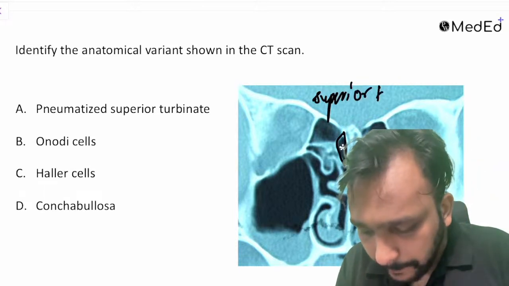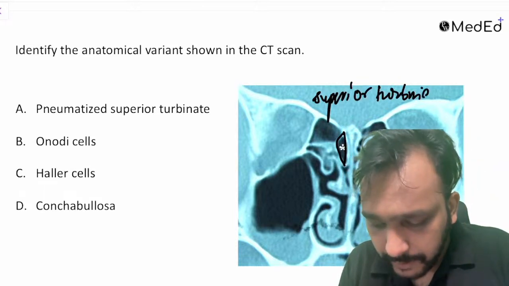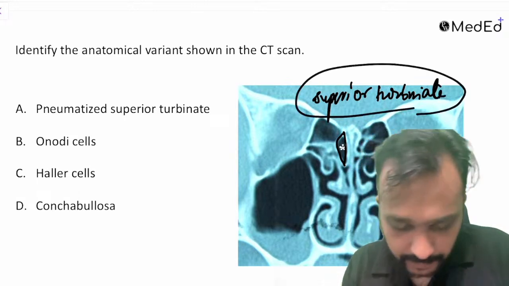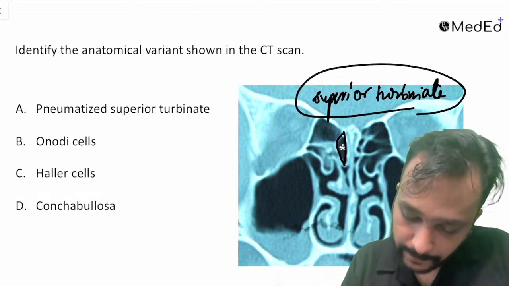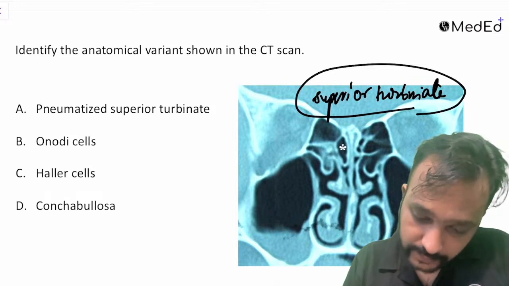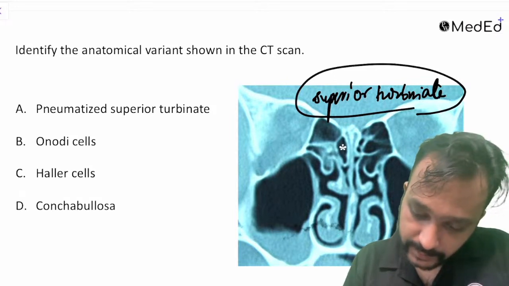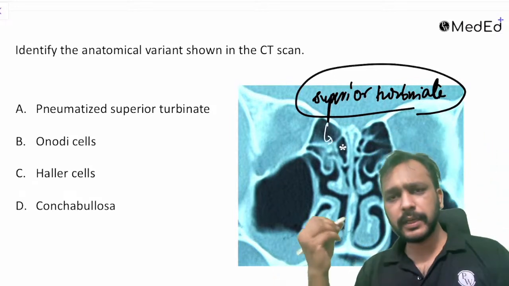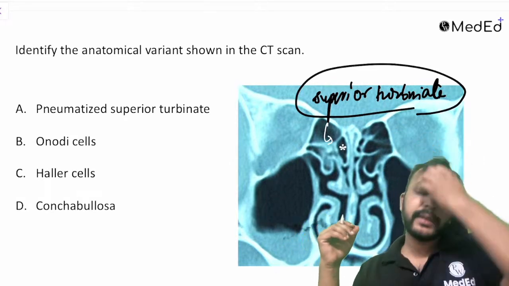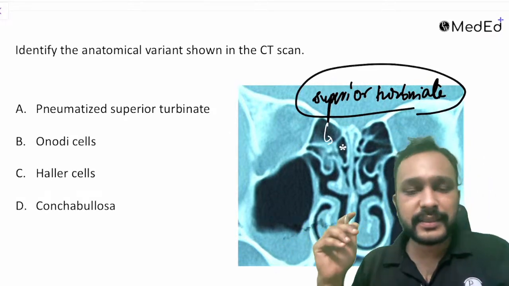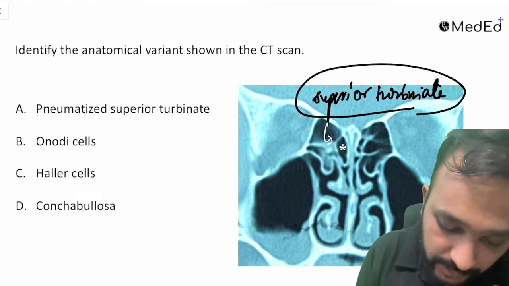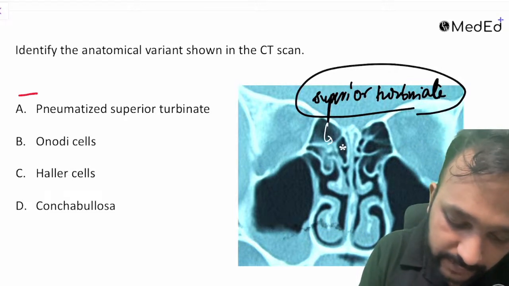Normally this superior turbinate will appear as a single bone, right? But here you can see that there is air within the superior turbinate. So this presence of air, the presence of pneumatization within the superior turbinate, is what we can see in the given CT image.